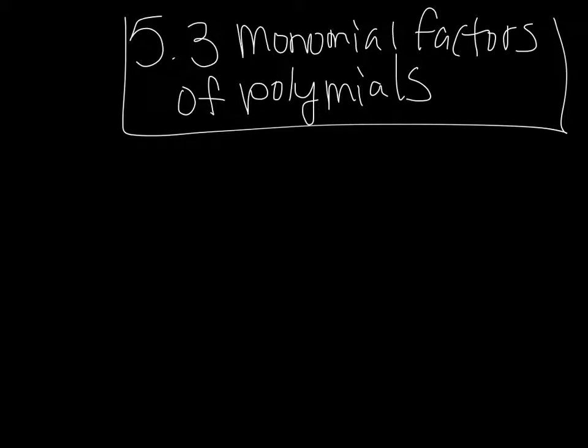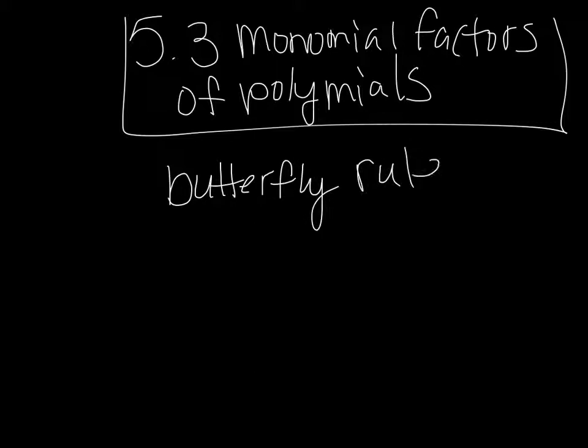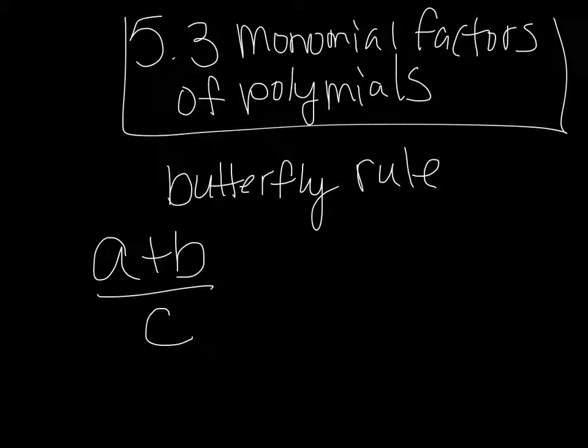Okay? To divide multiple terms by one term, we're going to need this rule that I stole from my cooperating teacher at Carroll called the butterfly rule. What the butterfly rule tells me is if I have A plus B over C, so notice I have two terms in the numerator and just one in the denominator.